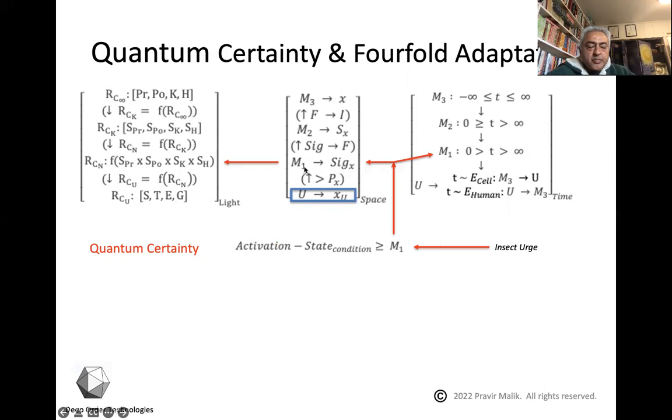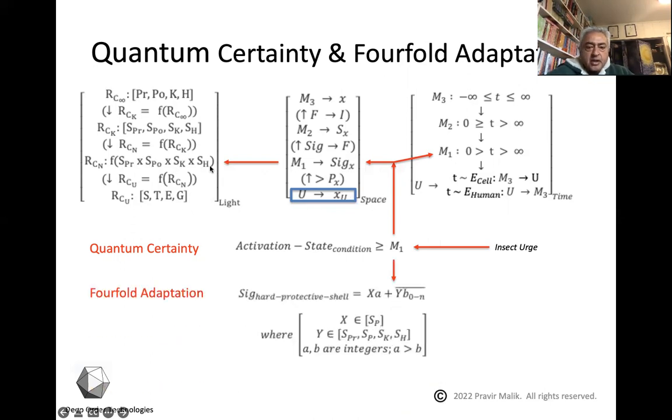And once these are activated, then the mathematical idea that's represented over here becomes active. The way that becomes active is that the insect, perhaps in its urge to protect itself, might develop a hard protective shell.